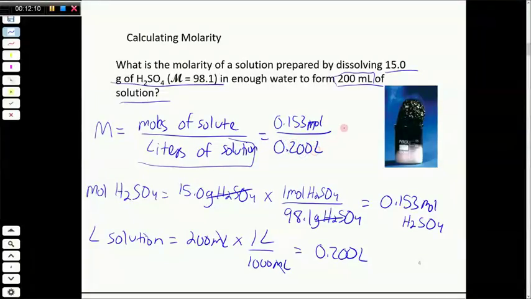So moles per liter is molarity, and I forgot to calculate this. So the question is, can I do math in my head? Oh, jeez.